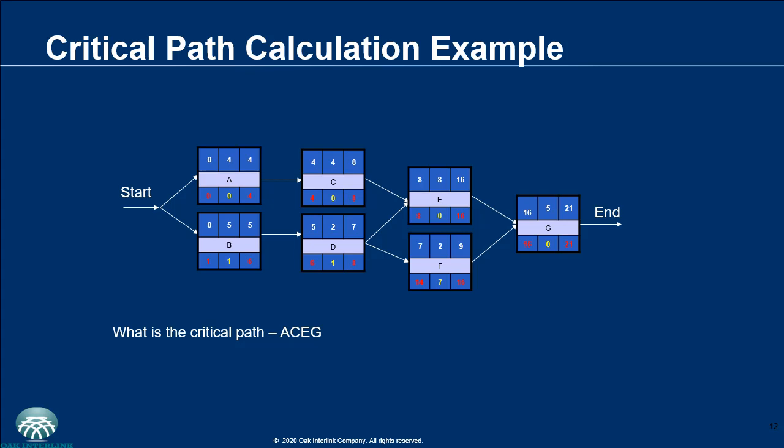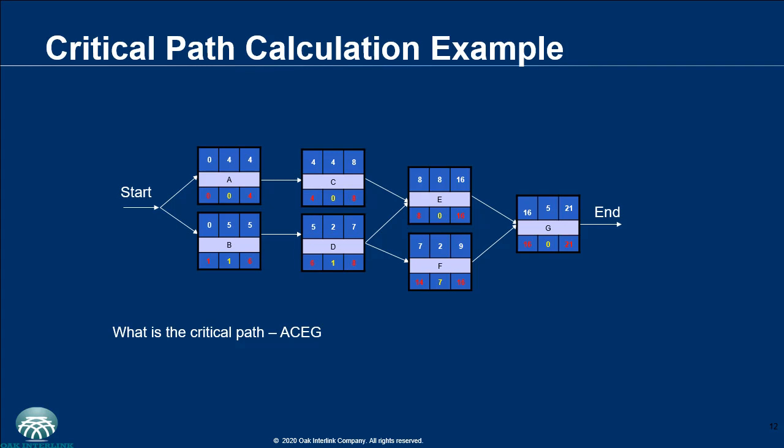According to the steps we earlier highlighted, if you have a burst, you pick the smaller of the late start values. So in this case, we have 8 from E and 14 from F. So you will pick 8 to become the late finish for D.